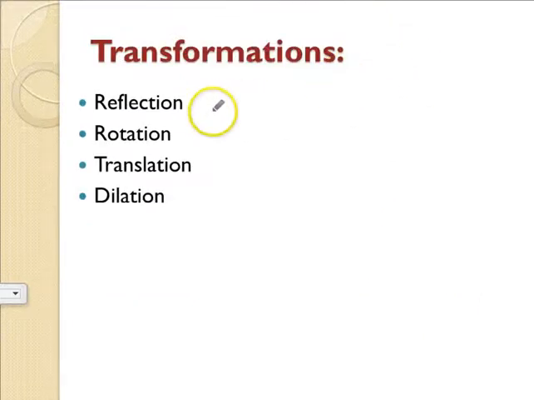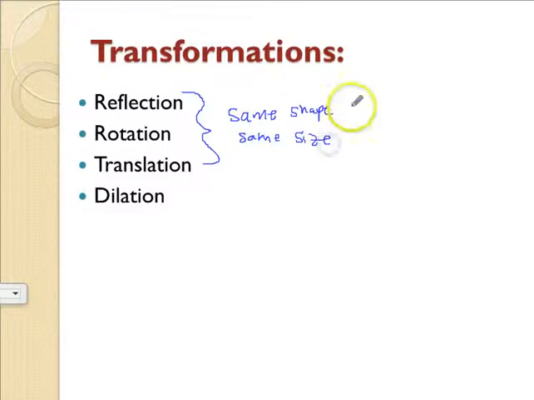And we're going to talk about our translations and how most of them are going to keep the same shape and same size. So when we reflect, rotate, or translate, we're going to keep the same shape as well as the same size. So all these are going to be congruent.